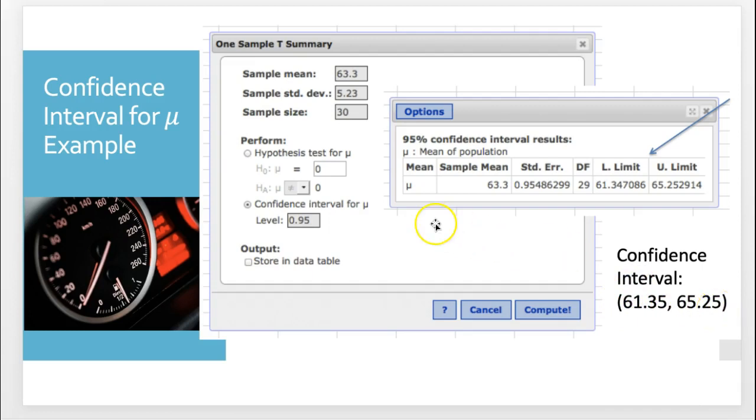One thing that's very important is that you can interpret each and every one of these numbers here. The sample mean is the average speed of the 30 cars. For the standard deviation, this is the typical distance we would expect to see between a single car's speed and the average speed of 63.3.